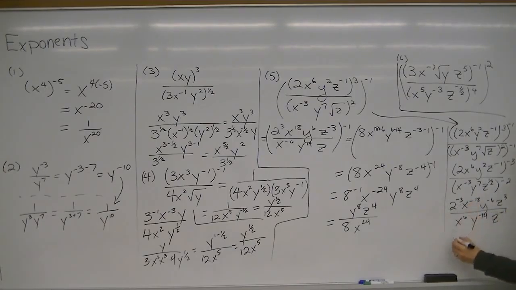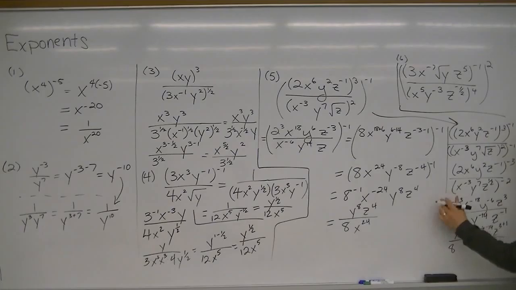So the 2 to the negative 3rd, which is 1 over 2 cubed, which is 1 over 8, comes down to the bottom. Then I have an x to the negative 18 minus 6. I have a y to the negative 6 minus 14, and then a z to the 3 minus negative 1, so plus 1.